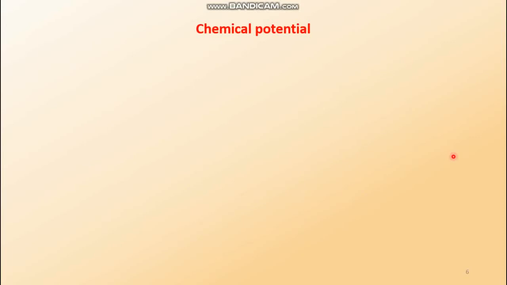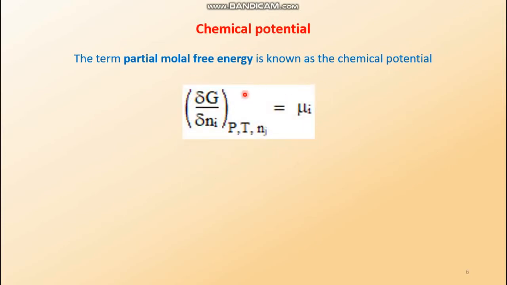Okay, let's see. Our next topic of discussion is chemical potential, and the term partial molar free energy is known as the chemical potential, and the corresponding expression of Gi bar is this. Since it is also known as the chemical potential, this can also be symbolized as mu I. So Gi bar and mu I are the same.